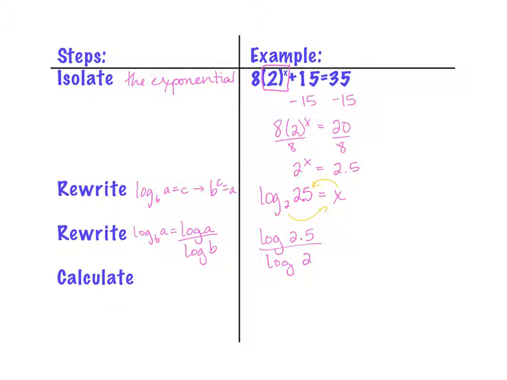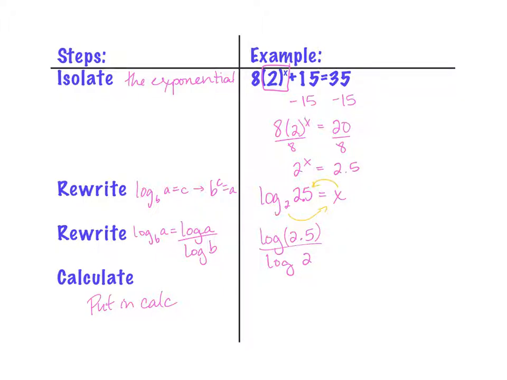And then it's just like literally calculate, put it in the calculator. The thing you want to be careful about when you do that is closing your parentheses. When you push log, a parentheses pops up. You want to make sure to close that parentheses before you divide it by log 2.